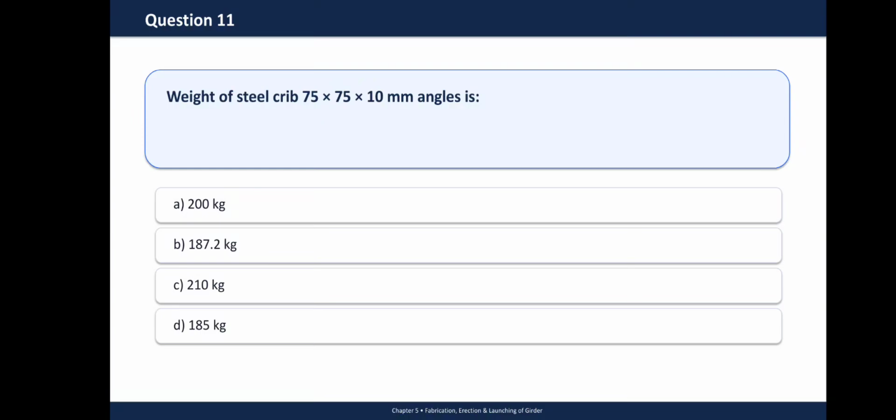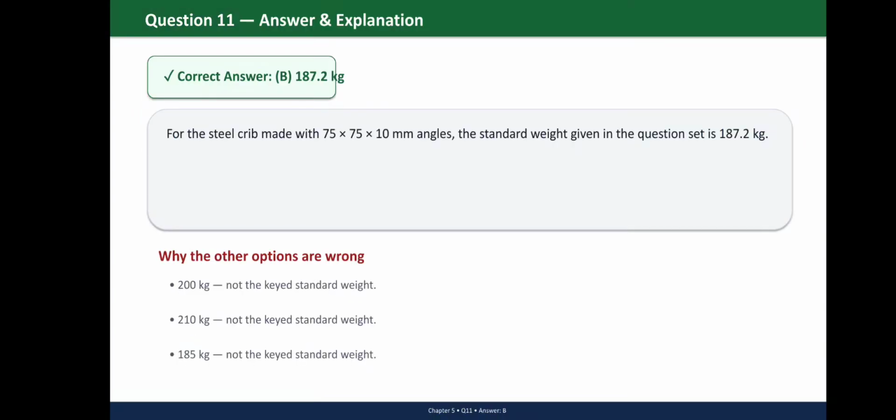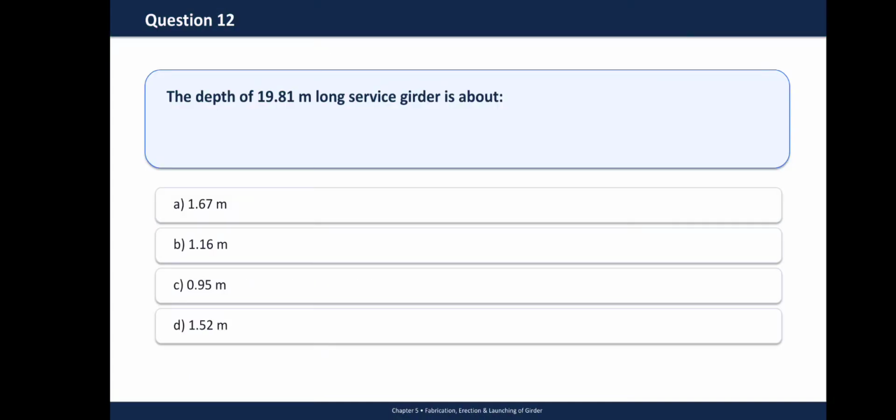Correct answer is B. 187.2 kilograms. Explanation. A standard steel crib manufactured with 75 by 75 by 10 mm angle sections weighs 187.2 kilograms.